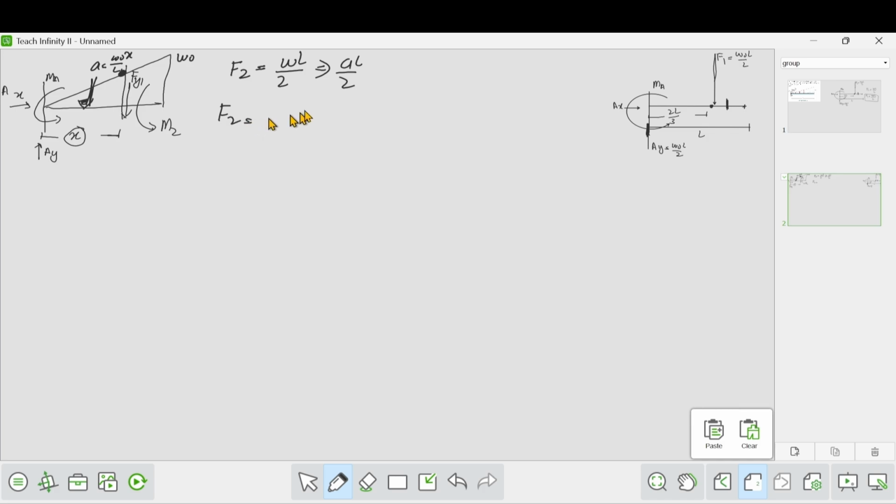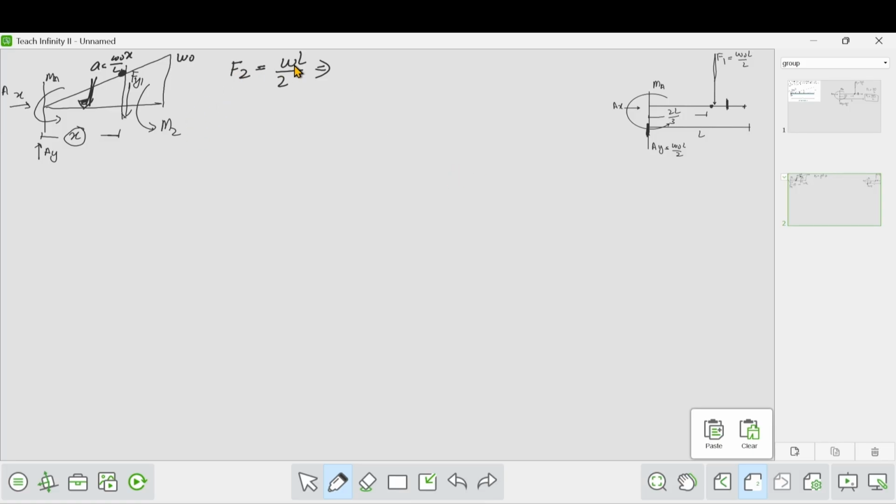So F2 is equal to, A is omega naught X divided by L, and this is L divided by 2. So omega naught X L divided by 2, and 2 times 2 is 4. So omega naught X L divided by 4.